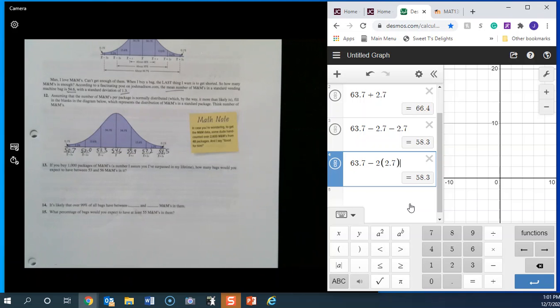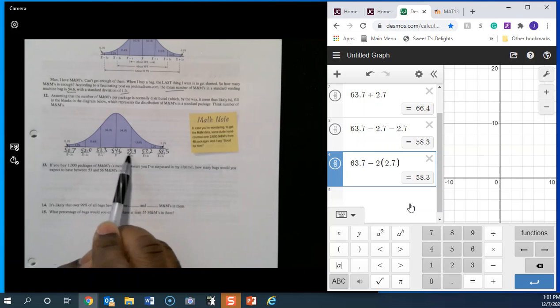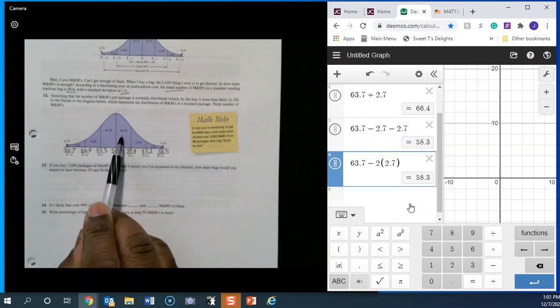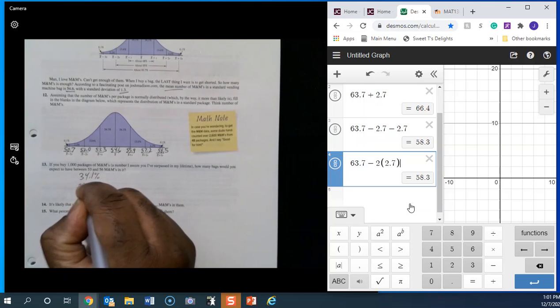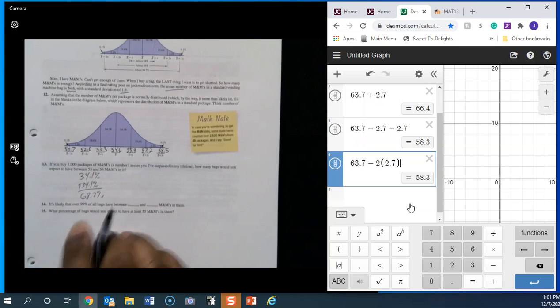Now, it says, if you buy 1,000 packages of M&Ms, how many bags would you expect to have between 53 and 56 M&Ms? So if you look here, this is 53 to 56 about. Looking at the percentages, you have 34.1% plus 34.1%, which is 68.2%.